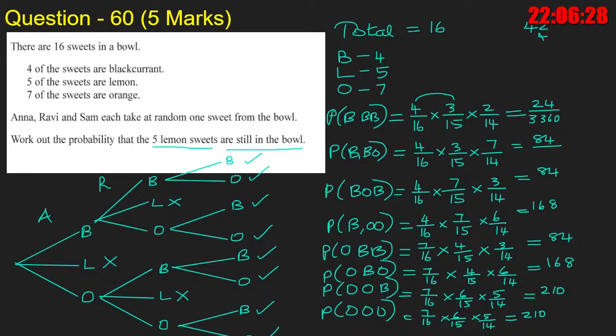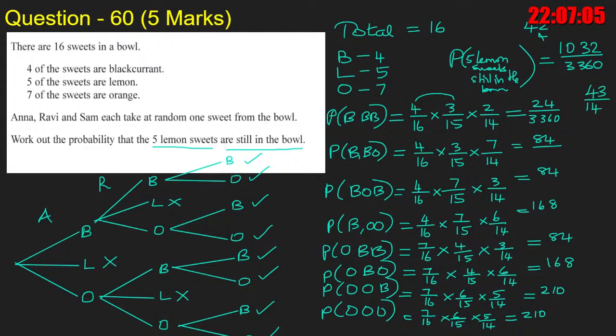So I get an answer, probability of 5 lemon sweets still in the bowl equal to 1032 over 3360. So I'm going to divide 3360. See, 43 over 140 is the correct answer.